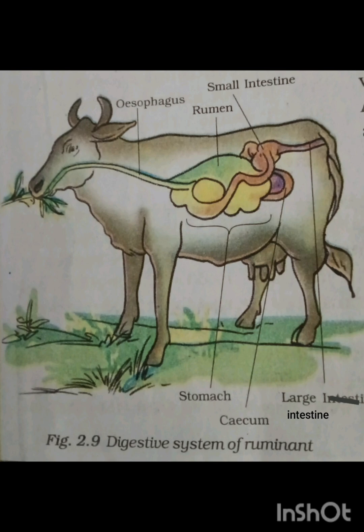The rumen contains billions of bacteria and other microbes that break down the cellulose. The cellulose returns to a large sac-like structure called the cecum, where the cellulose gets digested completely by the symbiotic bacteria to form sugars and fatty acids.